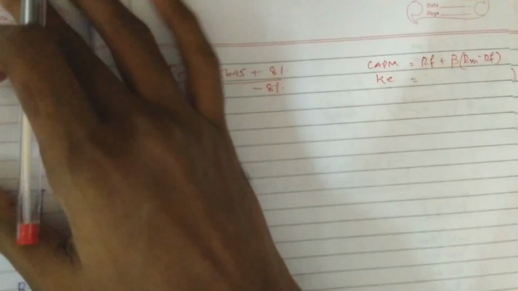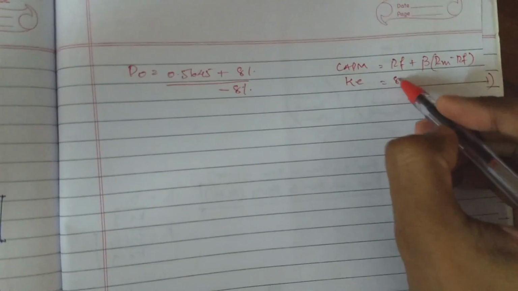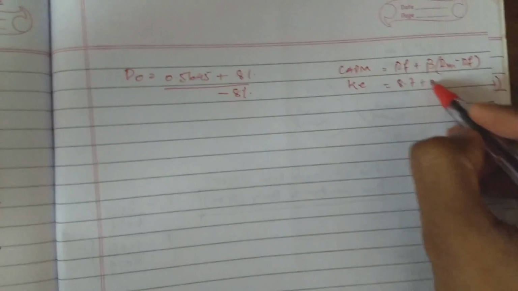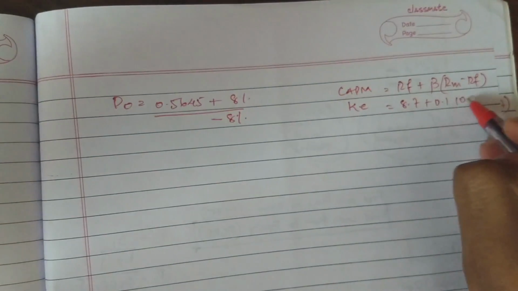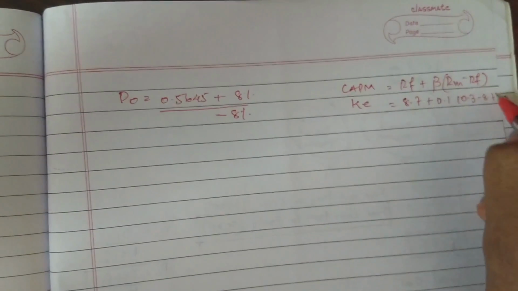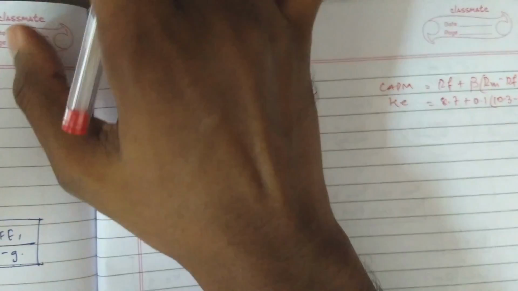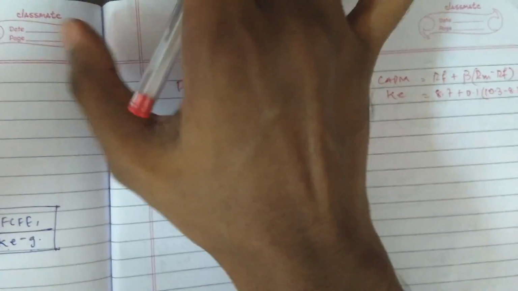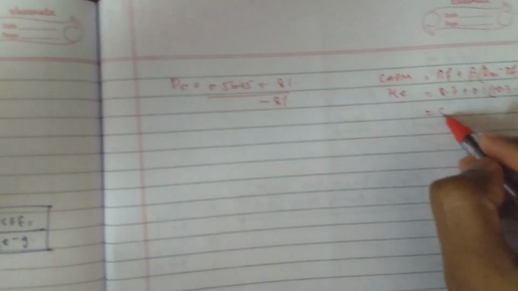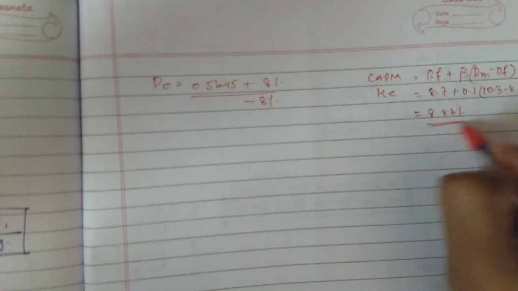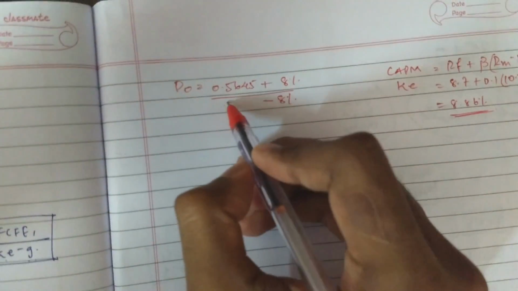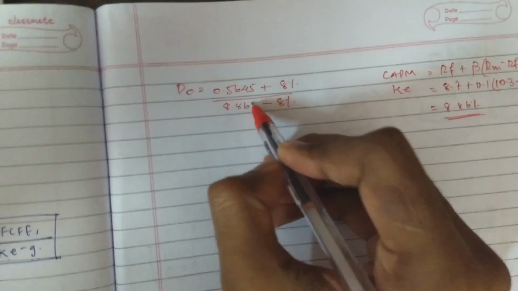So 8.7 plus 0.1 into market return 10.3 minus 8.7. This gives you 10.3 minus 8.7, into 0.1, plus 8.7, which gives you 8.86%. This is your KE. So we'll write it over here, 8.86%.